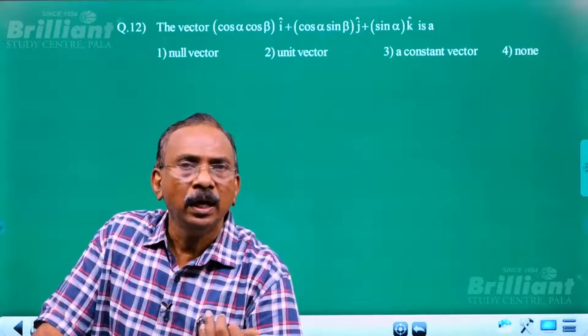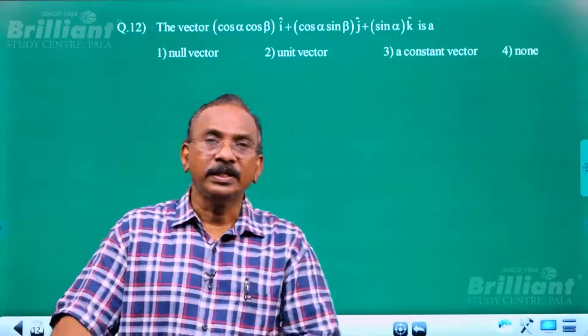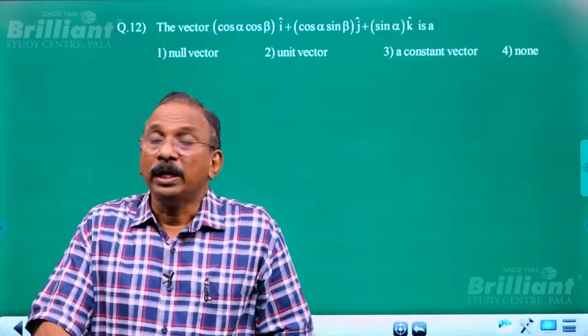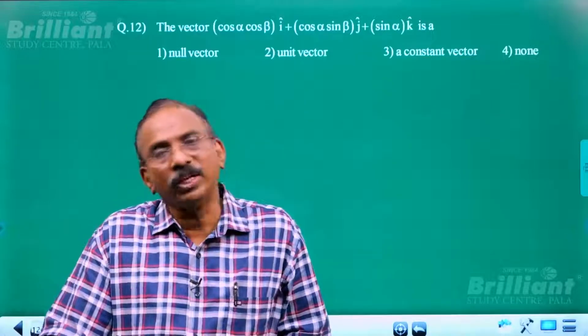So the magnitude is 1. And a constant vector means a vector having no change, always the same. So here they want to find the magnitude of the given vector.